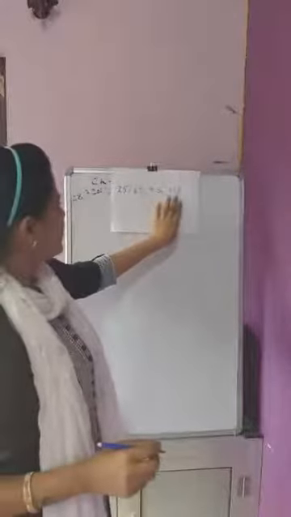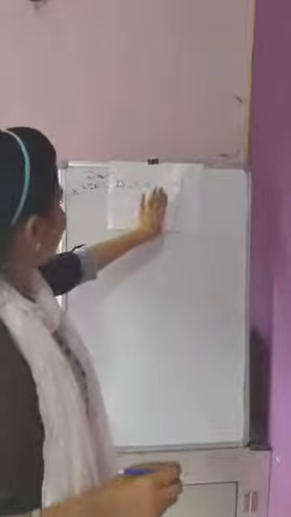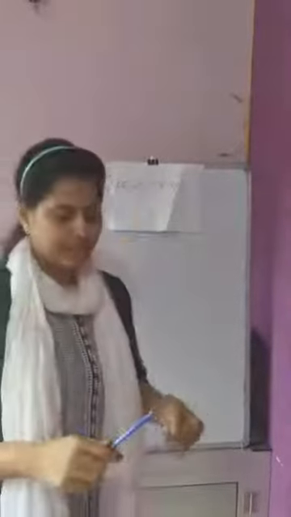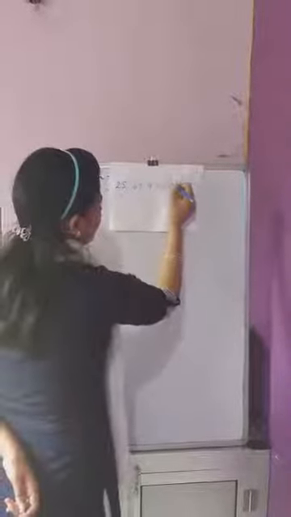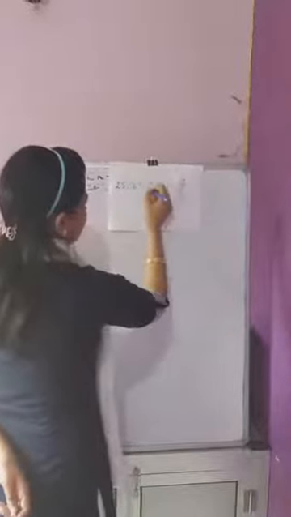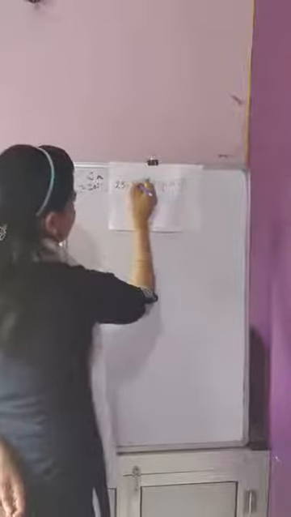This is the 9-digit number 3 2 5 7 9 9. Now it's very much clear that this is the ones period, this is the 1000 period, this is lakh and this is crore.